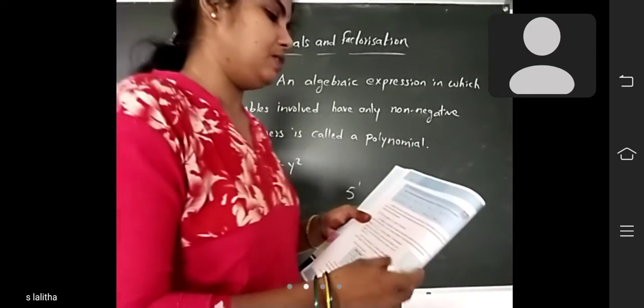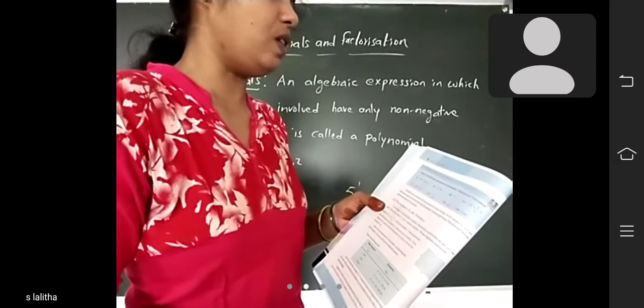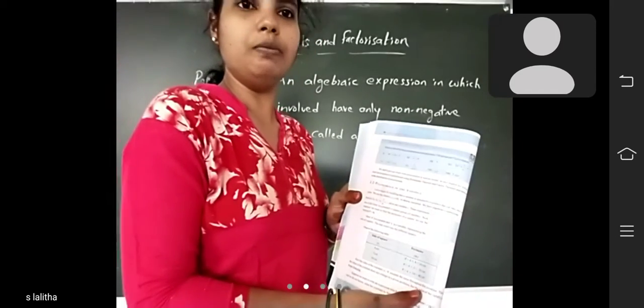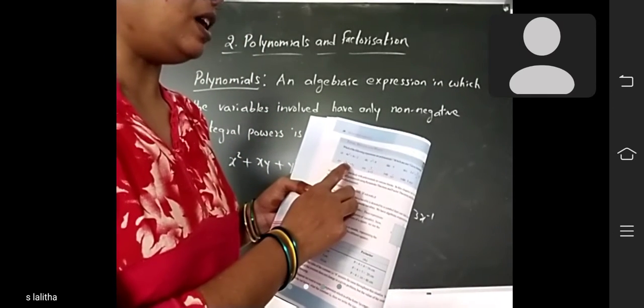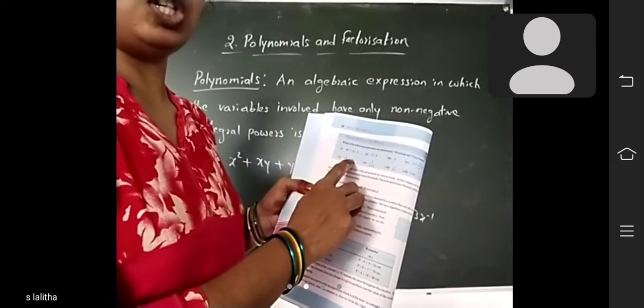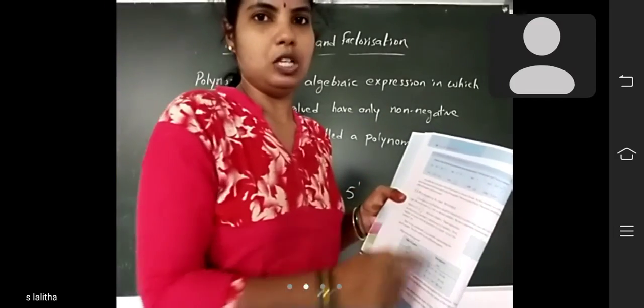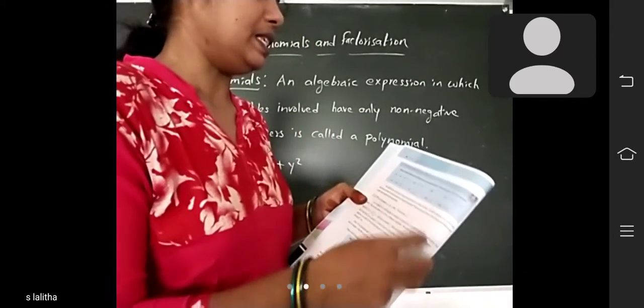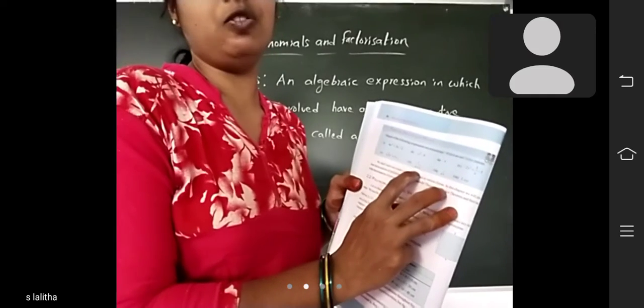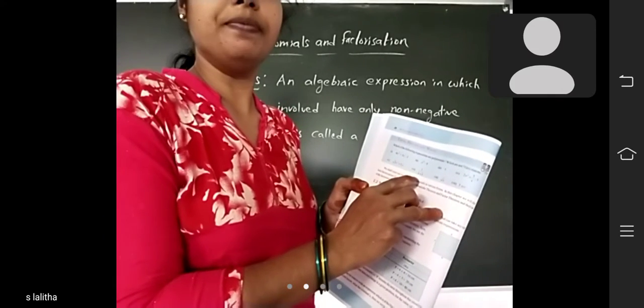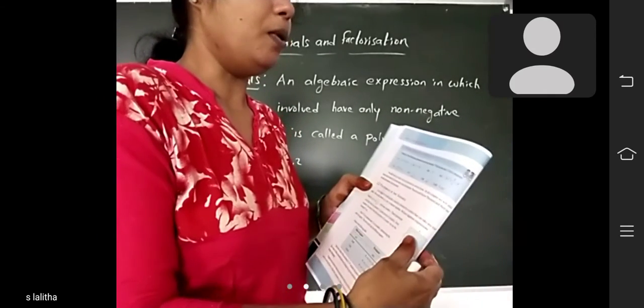Okay. Next, fifth one: root 3 x square plus 5y. Is it a polynomial or not, children? Yes, it is a polynomial. Why? Because here both have positive degrees only. Next, sixth one: 1 by x plus 1. Is it a polynomial? No, it is not a polynomial.